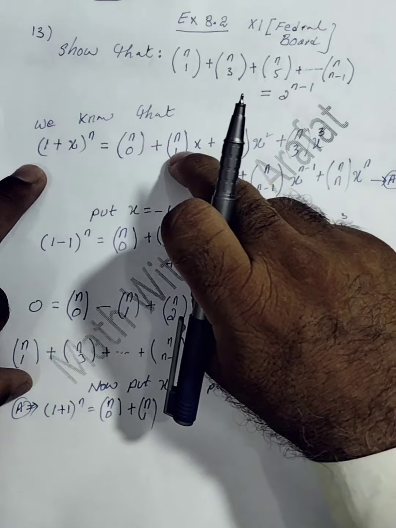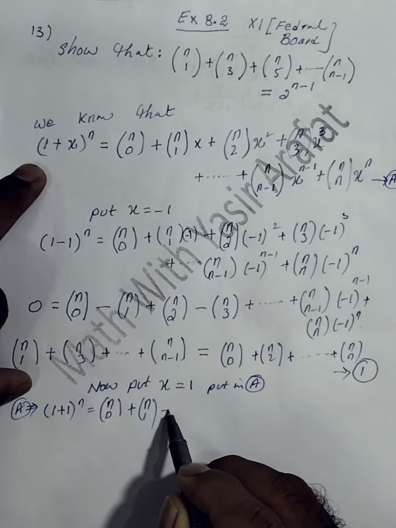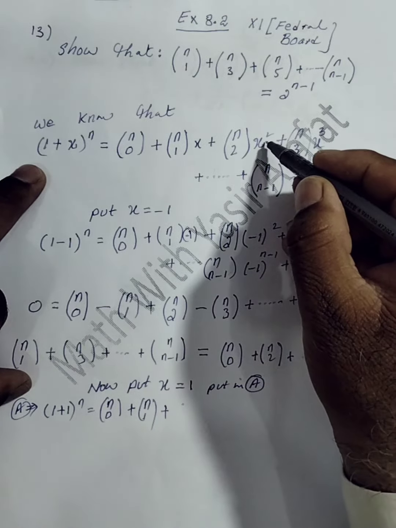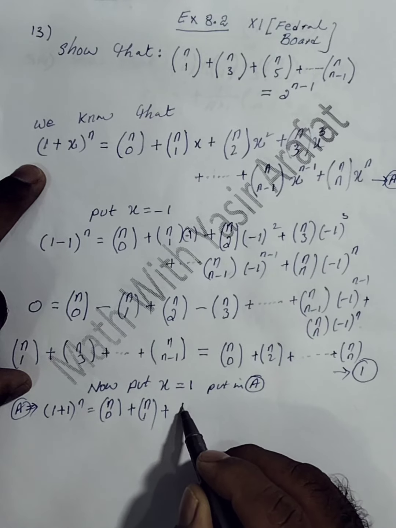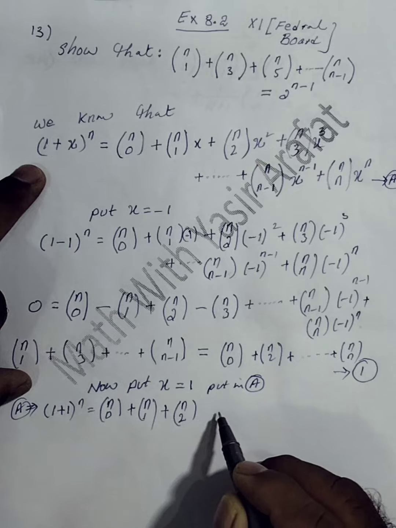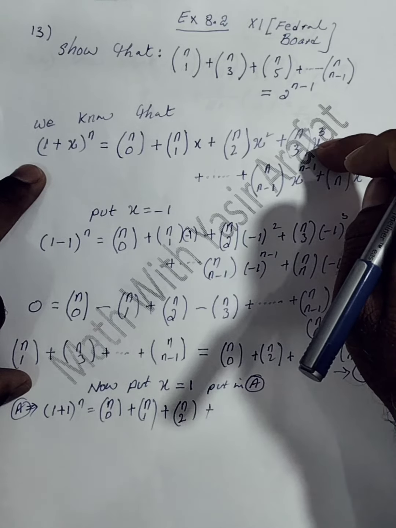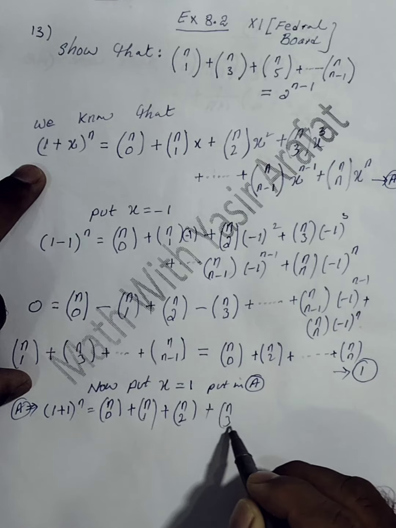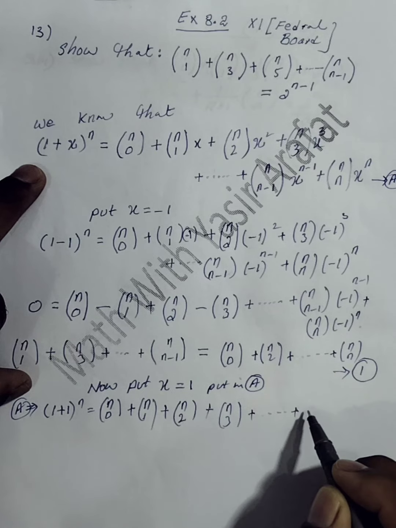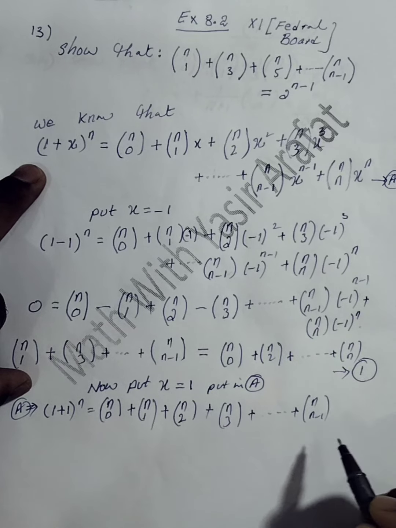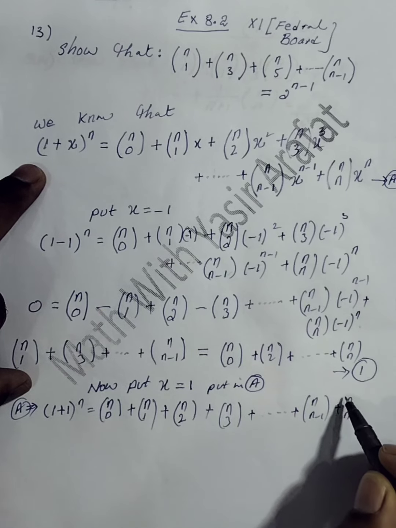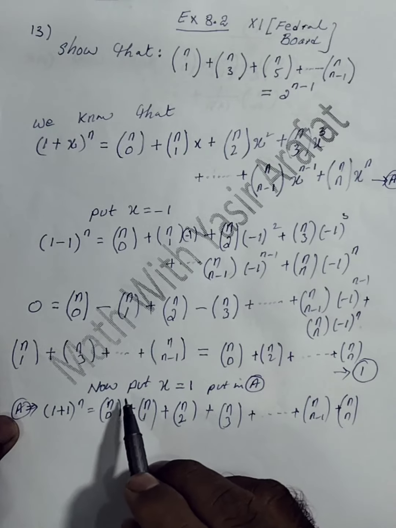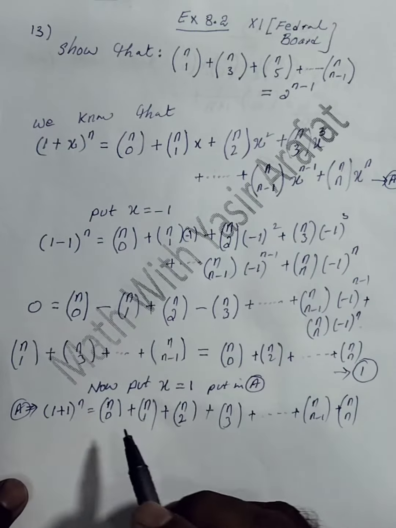Here x equals 1, multiplied by this, so there is no need to write 1 in the product form. Again 1 squared means 1, multiplied by nC2, no change. The same with x cubed, that is 1 cubed, multiplied by nC3, and so on, up to nC(n-1) and nC n.